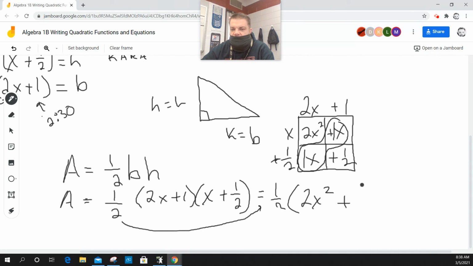Plus 2x, right? I'm going to add this 1x plus this 1x plus 1/2. Now, I can distribute this through the parentheses. So what's 1/2 of 2? 1. So this is just x squared. What's 1/2 of 2x? Just x.